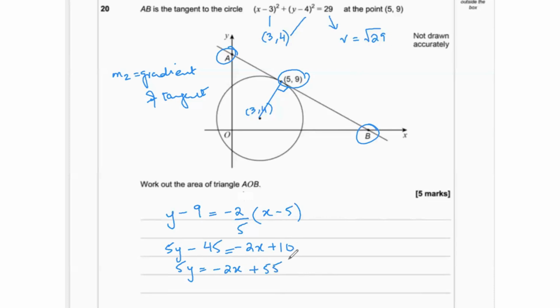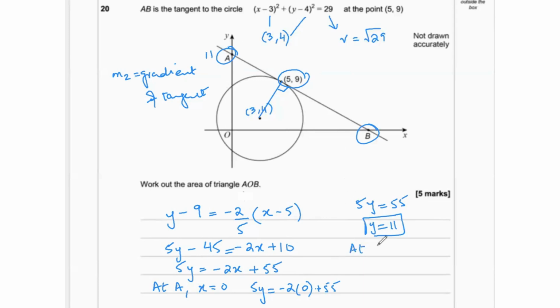That is your equation. So at A, x is 0. So that means 5y equals −2 times 0 plus 55, so 5y equals 55 and y is 11. So this is 11.